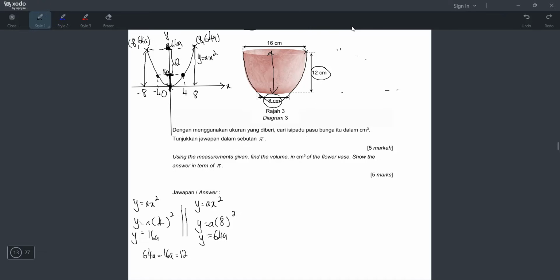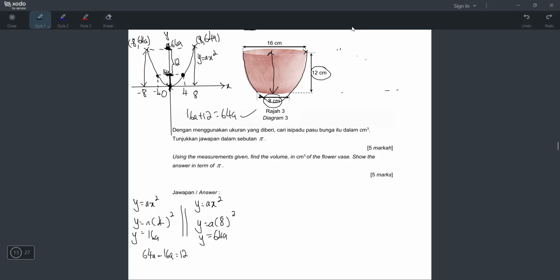Or you can also write like this, 16a plus 12 equals 64a. Can also. 16a is here, right? When you pass with 12, you get 64a. Yeah, this and this is the same thing, right? Because when you move the minus 16a to the other side, it becomes 16a plus 12. It's the same, right? So I hope you understand. This one is correct, this is also correct.